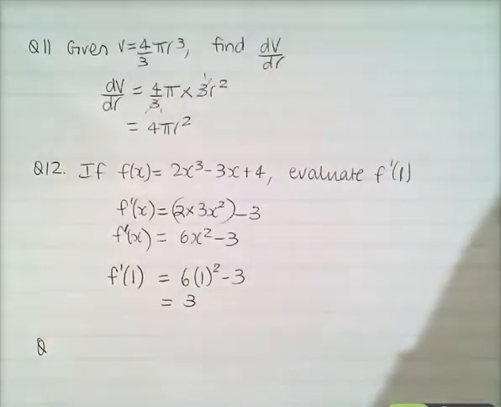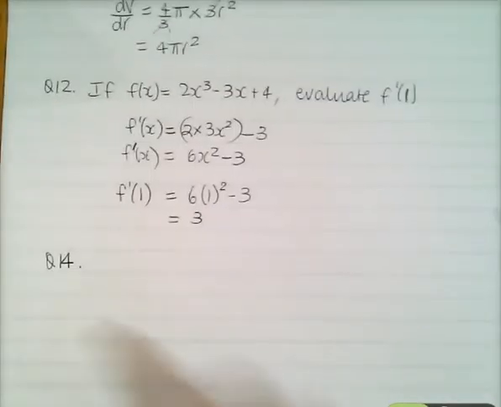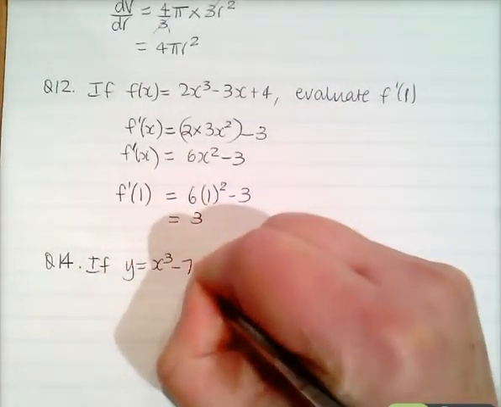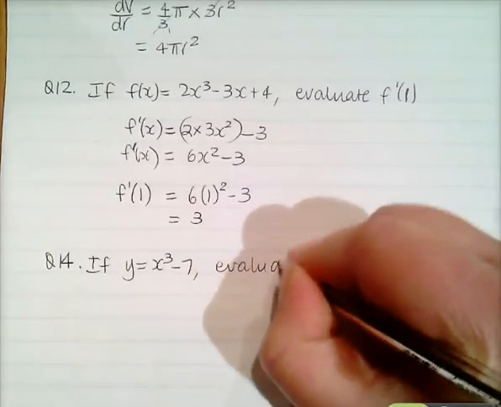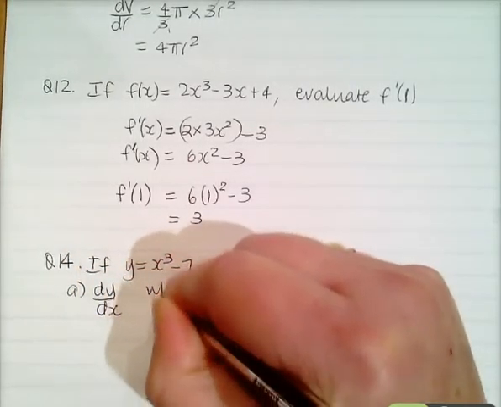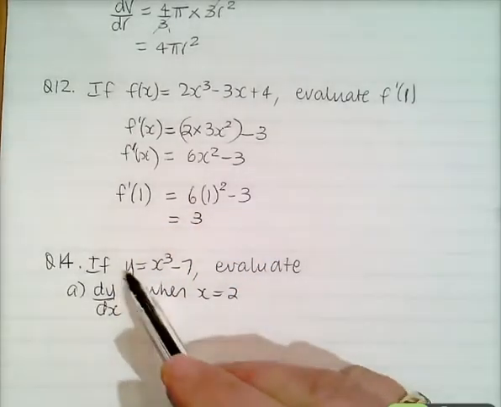And just for one more example from this exercise, question 14. The question is, if y equals x cubed minus 7, evaluate dy/dx when x equals 2. Okay, so we know what the function is.